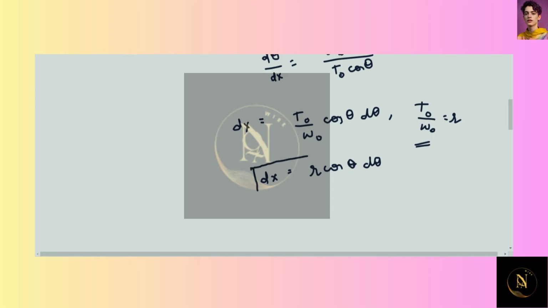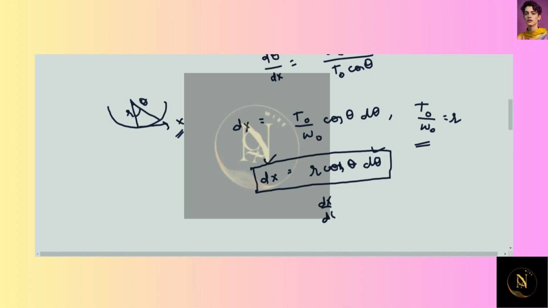So this is the equation of the circle with the radius as R, not the complete equation of the circle, but this will prove that our arc is a circular arc. If it subtends angle theta from the center, if this radius is R, then the rate of change of this x will depend on the change in theta in this way. We can also see that x will change according to the cos of this angle.